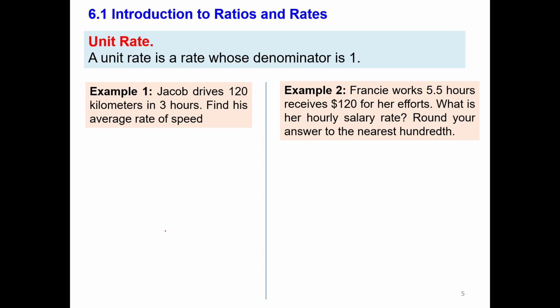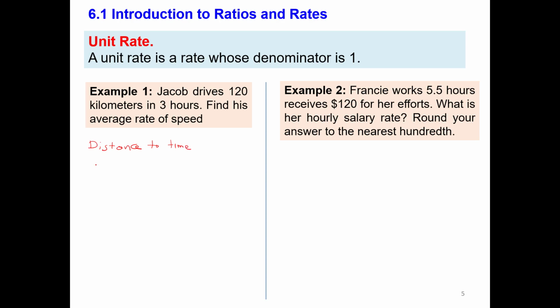Jacob drives 120 kilometers, which is a distance, in 3 hours. Find his average rate of speed. In this case, the rate or the speed is distance over time. Then we want to find the ratio distance to time.